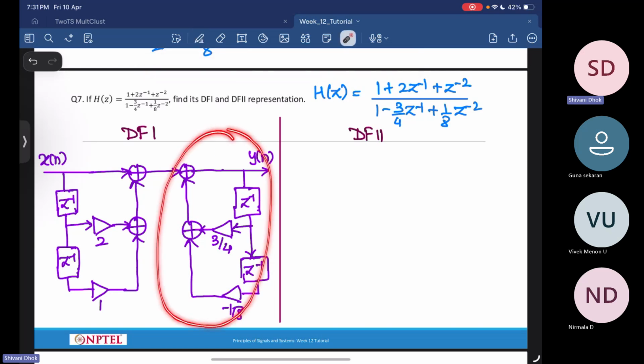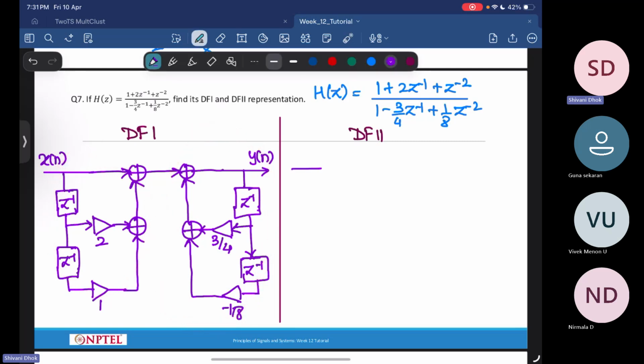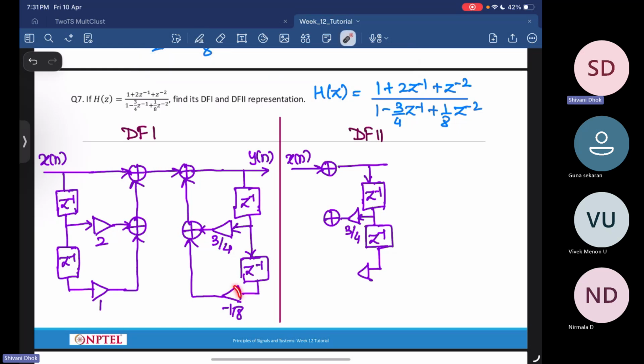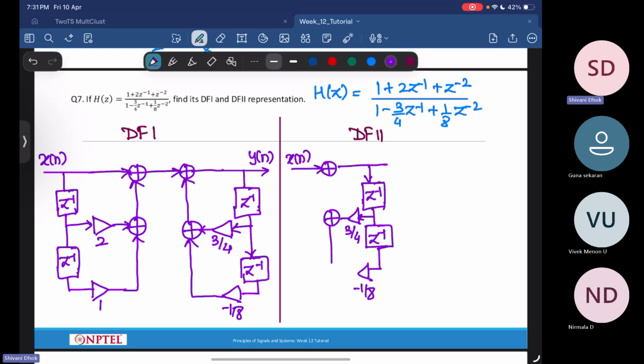To get the direct form 2 representation, you swap these two and combine your gain delay blocks. So you have x of n, then you have two delays, like this. The first block here will be of 3 by 4, and then we'll have minus 1 by 8. This gets added like this.